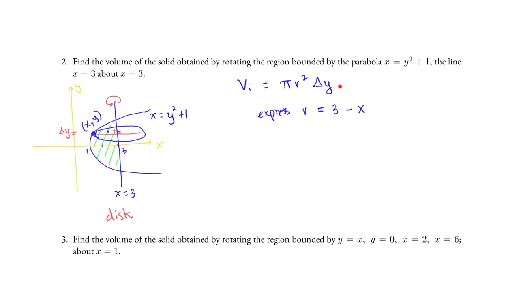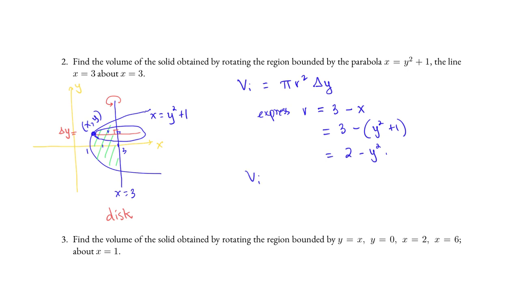Because of the delta y, we will need to express x in terms of y, but x is y squared plus 1, and so the radius is 3 minus y squared plus 1, or simply 2 minus y squared.